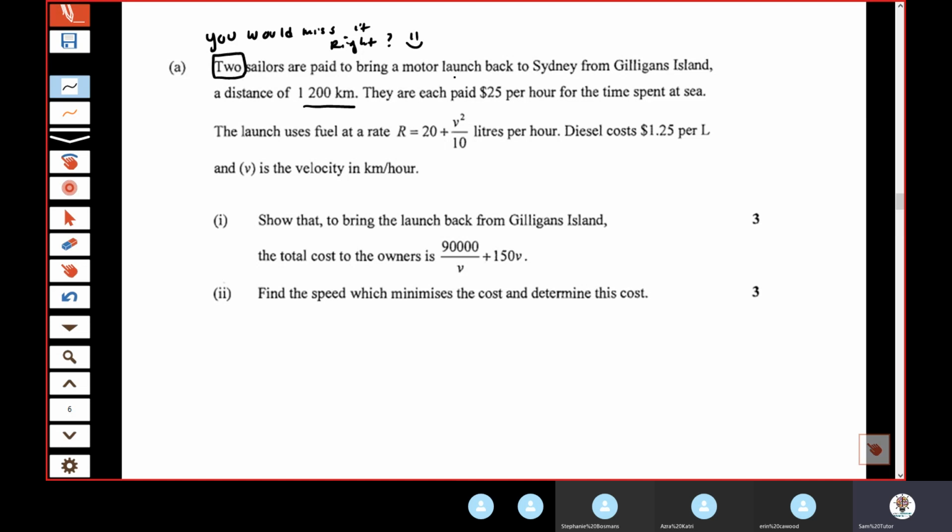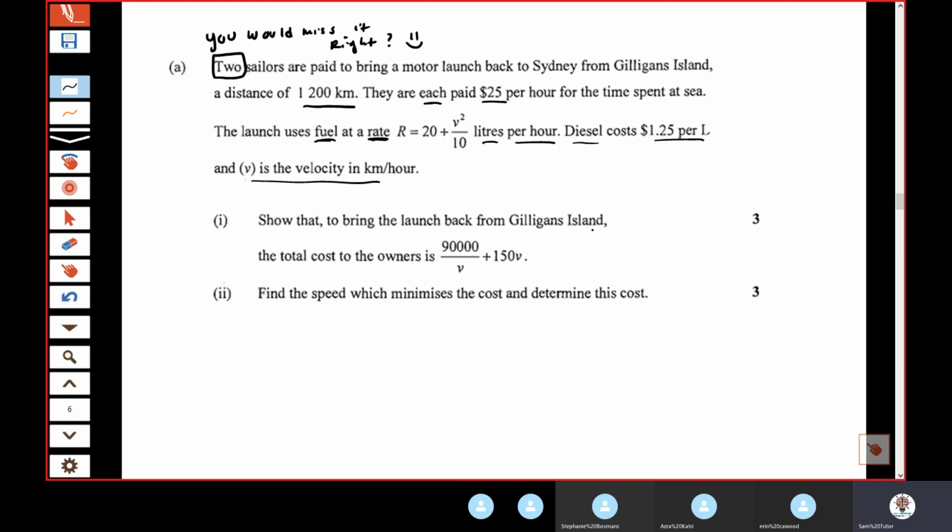2 sailors are playing. Okay, a lot of everything happening.